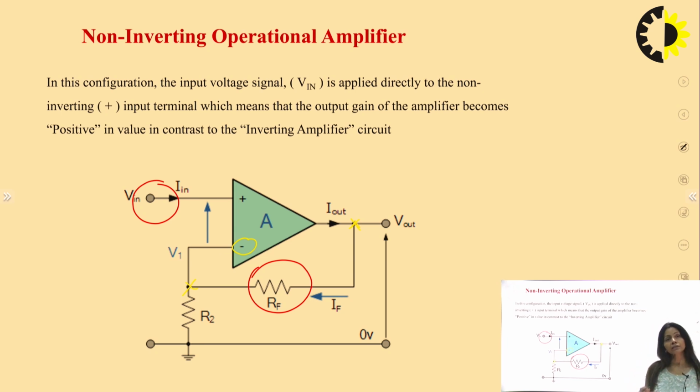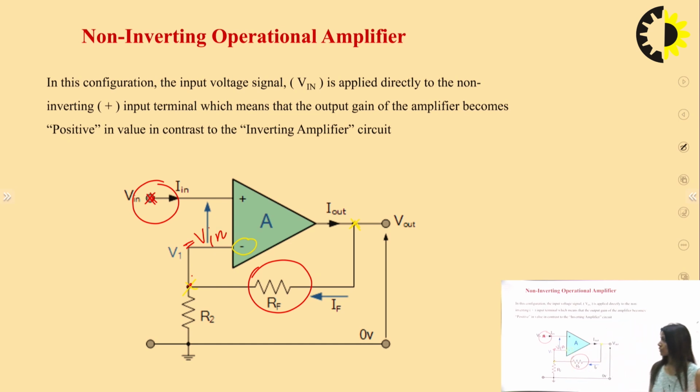Another thing is that I am considering the op-amp to be ideal, and then I will apply the virtual ground concept. Due to this virtual ground concept, the voltage at this point, V1, is equal to this V in.